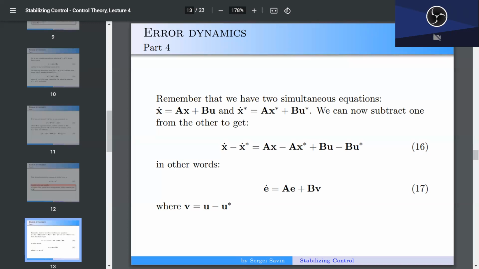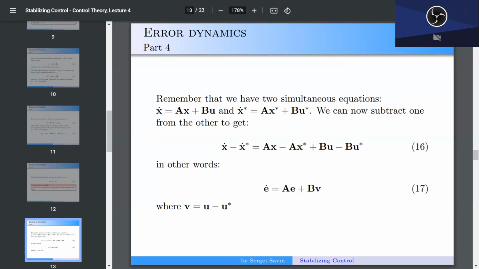So we have e dot equals A e plus B u minus B u star, right? So let me define v as u minus u star. Just a control error, basically a divergence from our desired control. So how far are we from our desired control? v is equal to u minus u star.